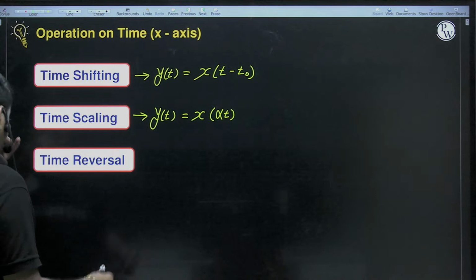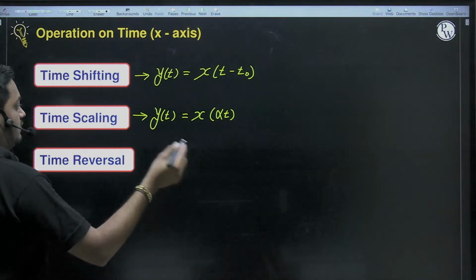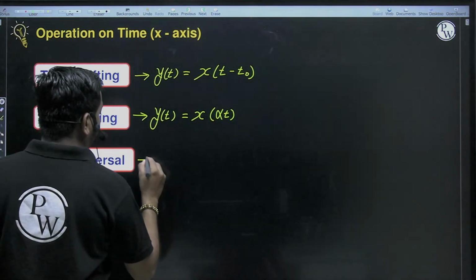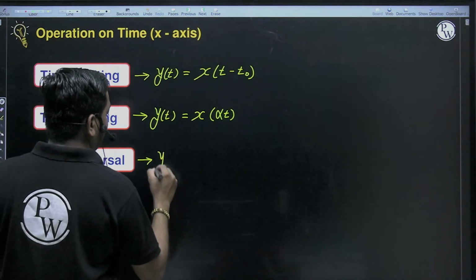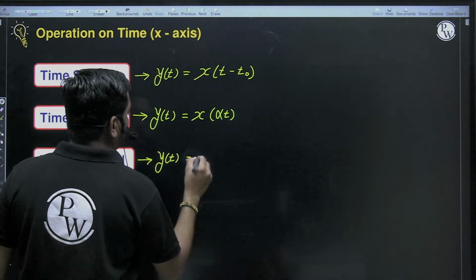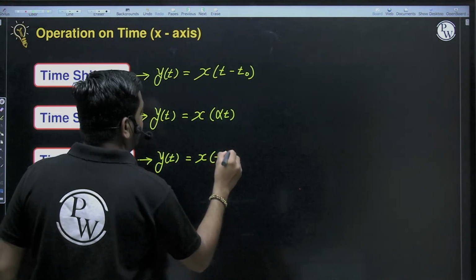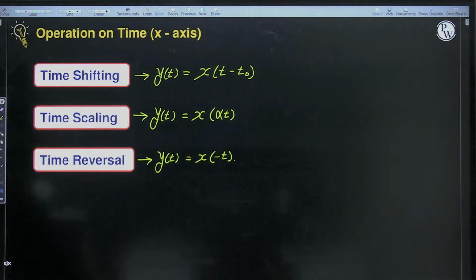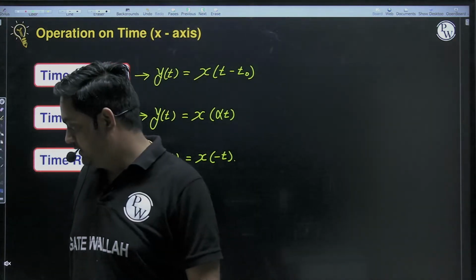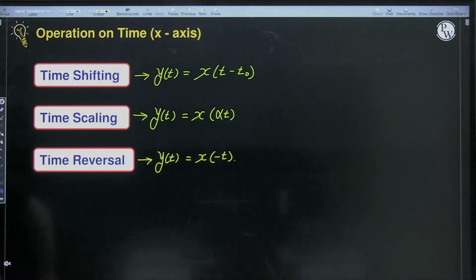So the signal width increases or decreases. And if alpha equals minus 1, then y of t equals x of minus t. t becomes minus t, that is folding with respect to the y-axis. It is known as the time reversal operation. Clear? Time reversal operation, guys.